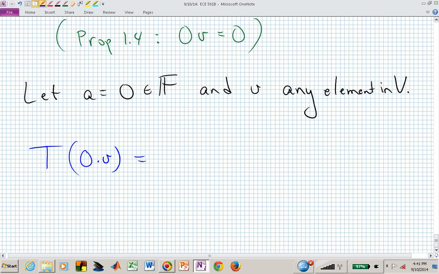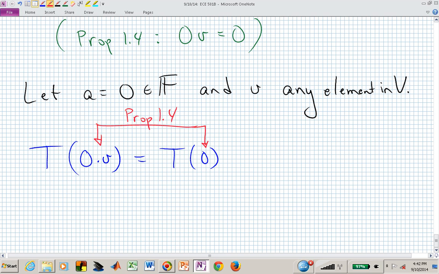That's equal to T of 0, and here in the argument we are using proposition 1.4, right? Proposition 1.4 says a scalar 0 times a vector gives you the 0 vector. So we're just showing that in the argument of T from proposition 1.4.